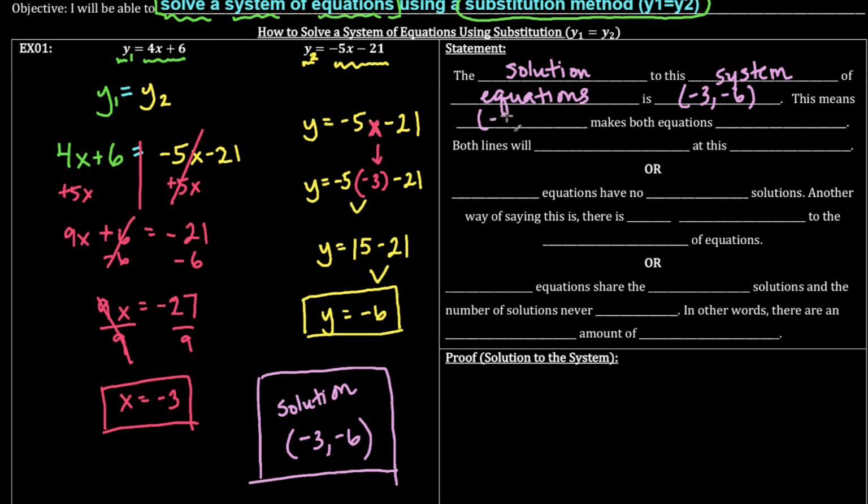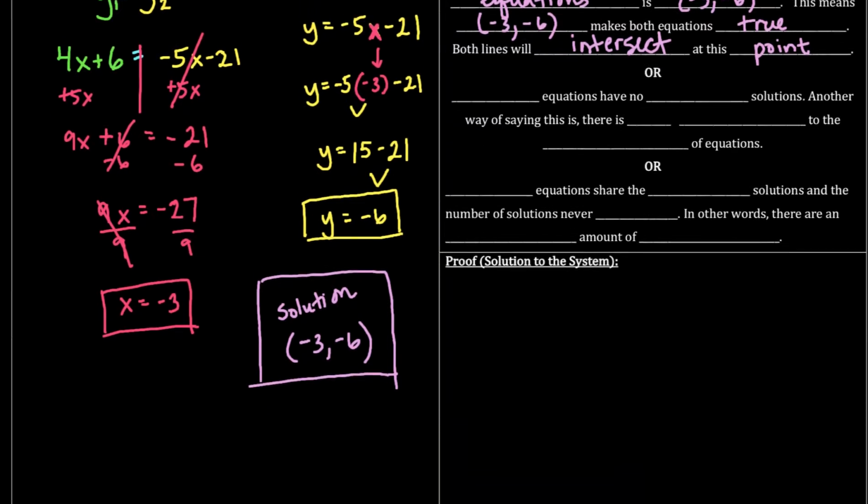This means negative 3, negative 6 will make both equations true. Visually, both lines of solutions will intersect at this point, just like when we did the graphing, where we graphed all the dots and it made a line, the same for the other one. Then we looked for the one they shared by looking at where the lines of dots intersected.